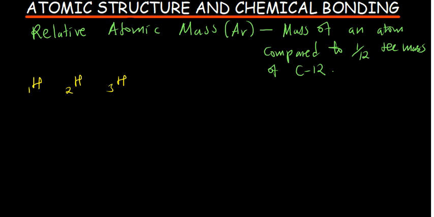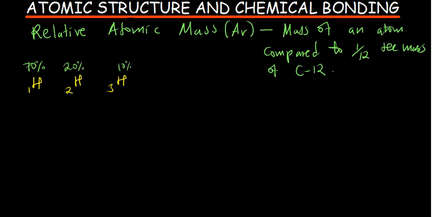Whenever you get a sample of hydrogen, you are going to find maybe 70% is hydrogen 1, 20% is hydrogen 2, and 10% is hydrogen 3.